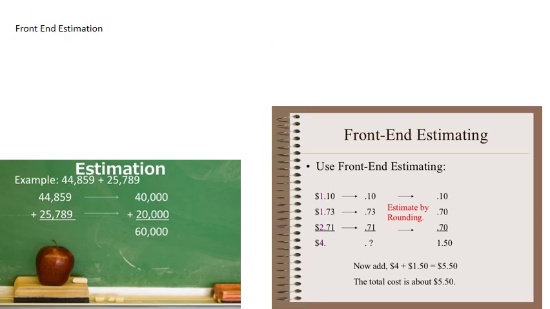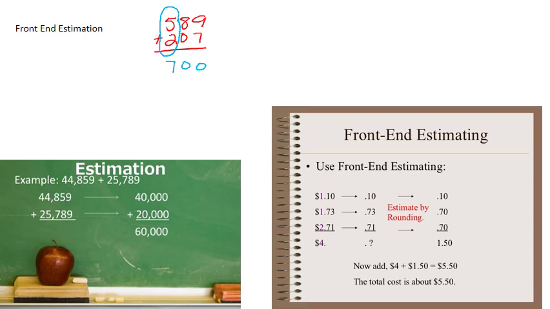Okay, front-end estimation is simply looking at the first number that you've got. So if I'm going to add 589 plus 207, I would simply look at the front end, add those two, and call it a day.